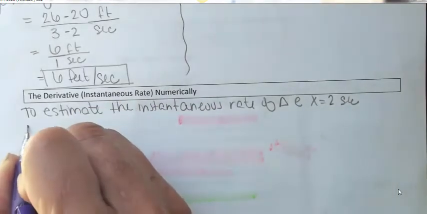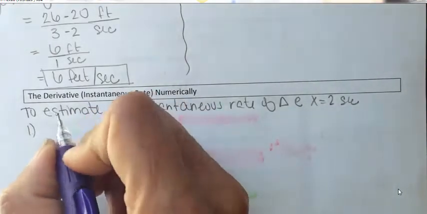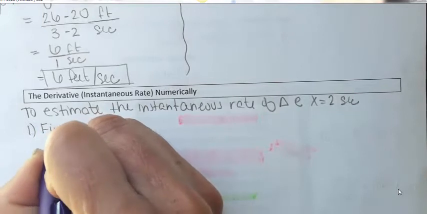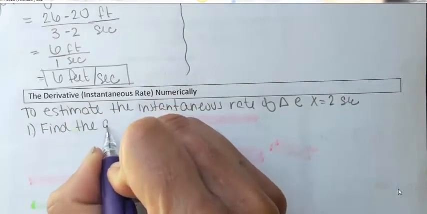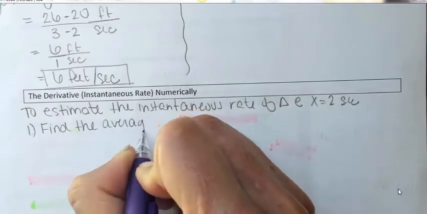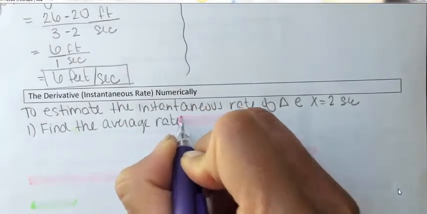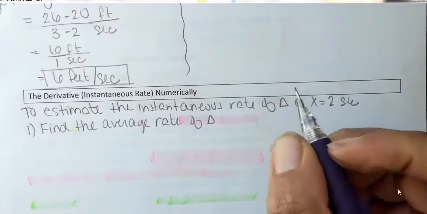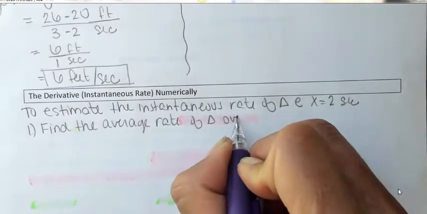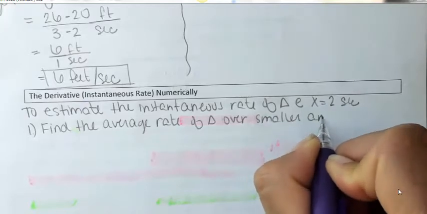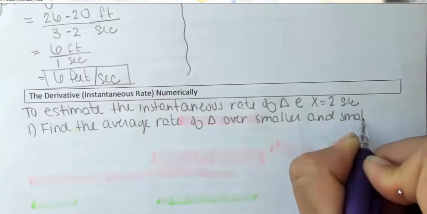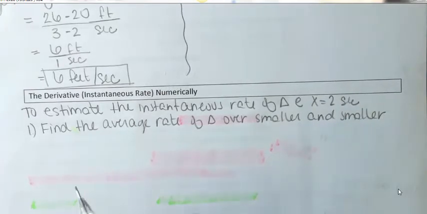So the first thing we'll do is we're going to find the average rates of change over smaller and smaller time intervals.